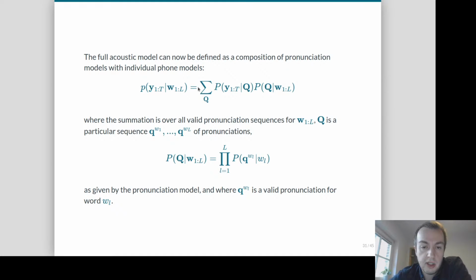So we take this summation over all valid pronunciation sequences for our input sequence W from 1 to L, where Q is a particular pronunciation, just a particular sequence of phones.